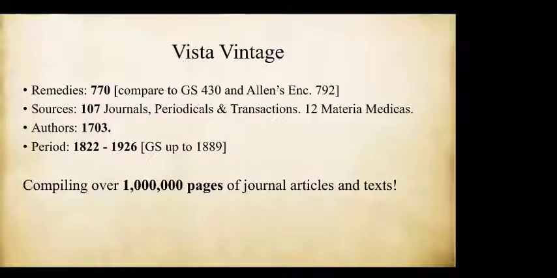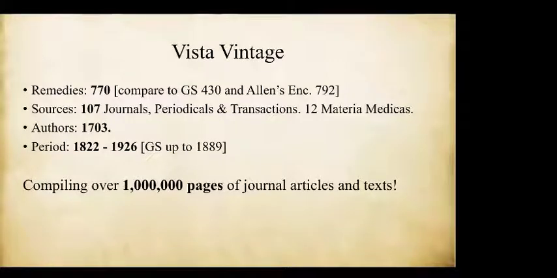Now, Vista Vintage, in comparison, because it can be compared to Guiding Symptoms to a certain extent, only it is more complete, has 770 remedies. Guiding Symptoms has 430. Allen's Encyclopedia has 792. Only Medica has more, but in Medica, many of these remedies are a single line, sometimes even a single word.